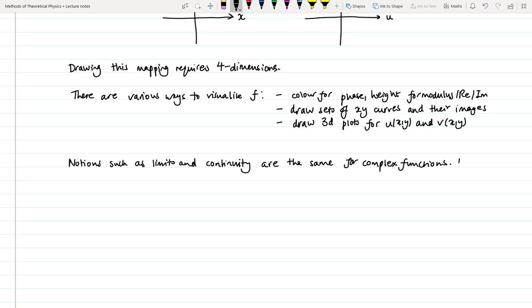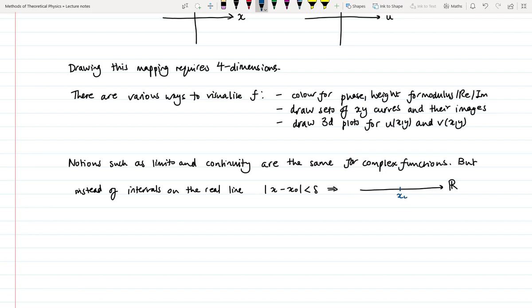An important difference, though, is that now, instead of reasoning about intervals on the real number line, so you'll recall that we had things like the absolute value of x minus x naught less than delta meant something like, so we had the real number line, and we had x naught, and then x naught plus delta. So given this expression, this would be the valid range of x values.